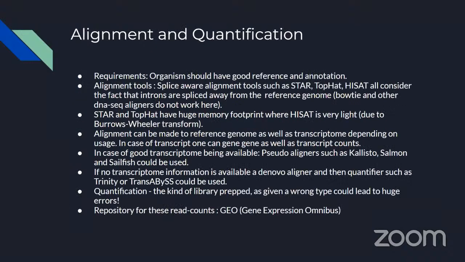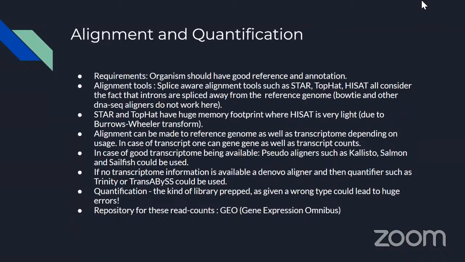The next step, after you have the FASTQ files, is to check whether the particular organism has a good reference. The main idea of the next step is to have a good alignment and quantification.